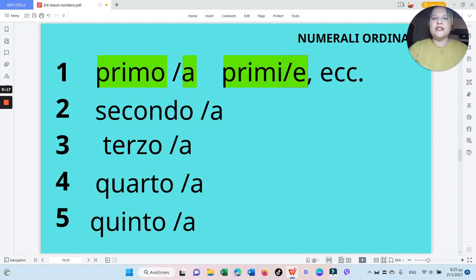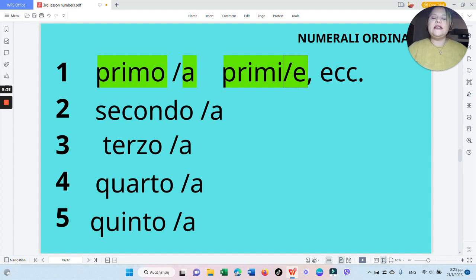Primo is first in singular, and prima is first in singular but for feminine. Primi, first in plural for masculine, and prime in plural for feminine.